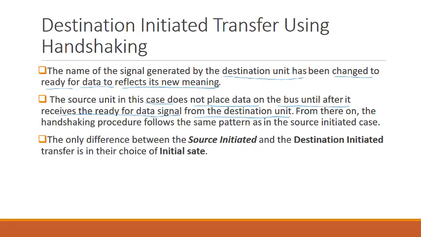That means after receiving a ready signal, the source can send the data or put the data on the data bus. From there on, the handshaking procedure follows the same pattern as in the source initiated case. The only difference between source initiated and destination initiated transfer is in their choice of the initial state.